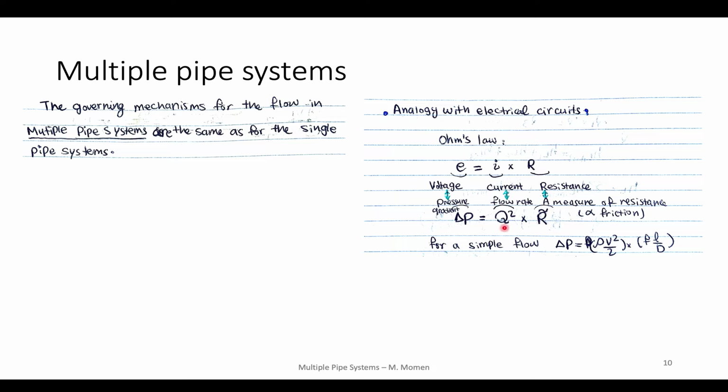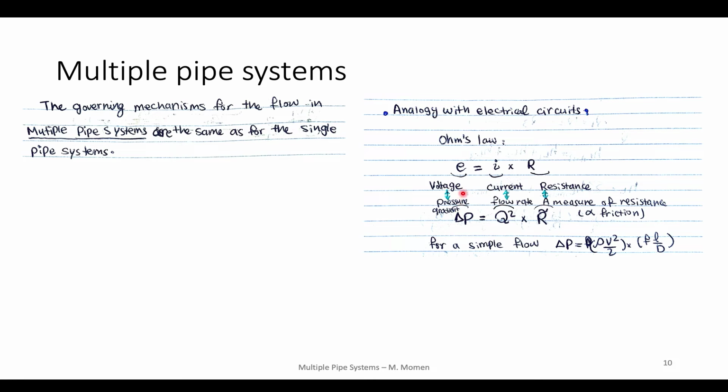For instance, for a simple flow, we found that delta P equals rho V squared over 2 times FL over D, where this is the friction in the system, and this is similar to flow rate. So you can see a clear analogy between Ohm's law and the governing equation in a fluid system.